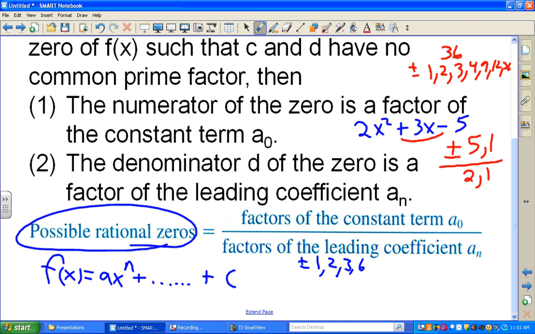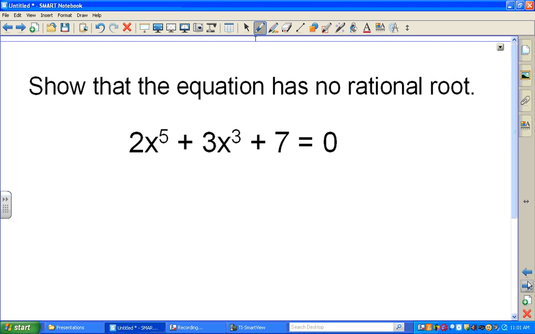Is that the positive and negative for all of those numbers? Yeah, but if I put the positive and negative down here also, that's kind of redundant because they can be the positive or the negative. I don't need it in both places. So usually I just put it out in front, positive and negative. Okay? So I know the answer can't be 192. All right. So that's kind of nifty. So the equation has no rational roots.